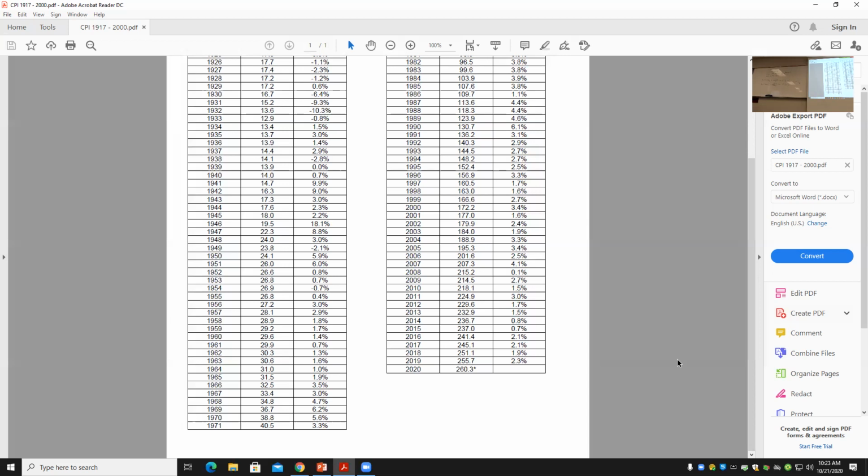Everybody also has a copy of the CPI numbers, correct? Because you're going to be using those on this worksheet as well.